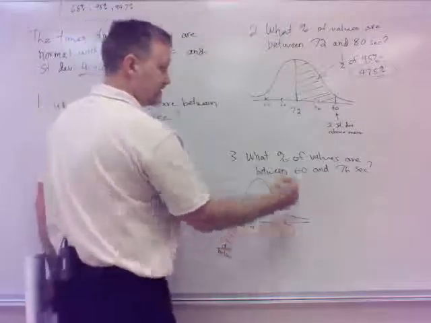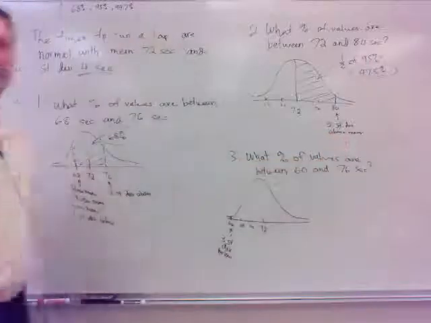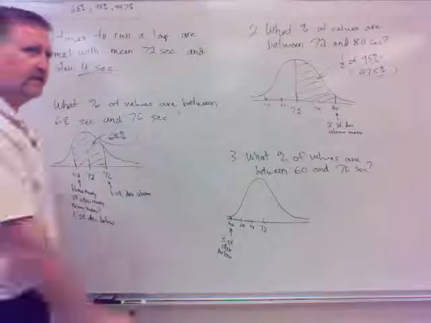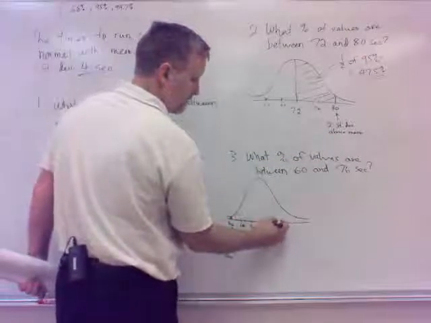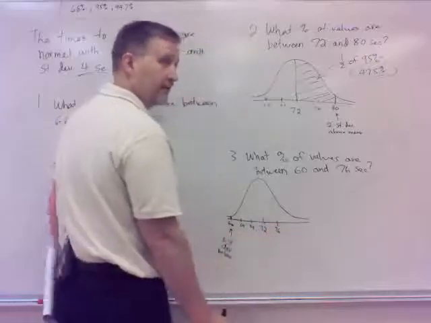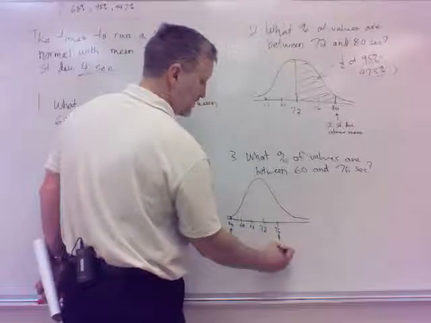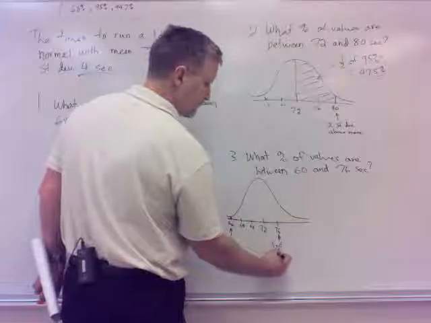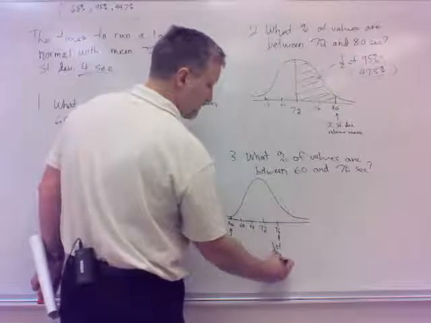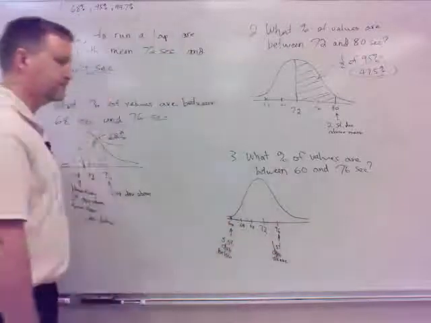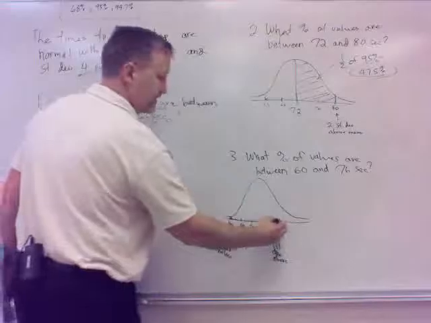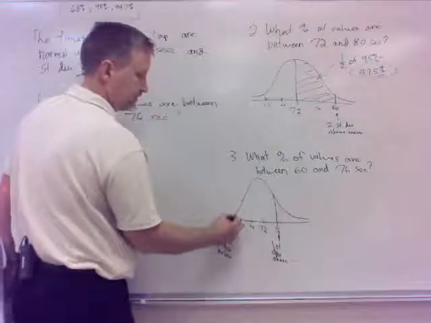Now for the 76, well, that is on the other side. How many do I go there? Well, if I go one step, I'm there, aren't I? So 76 is 1 standard deviation above. I want this percentage here, from here to here.